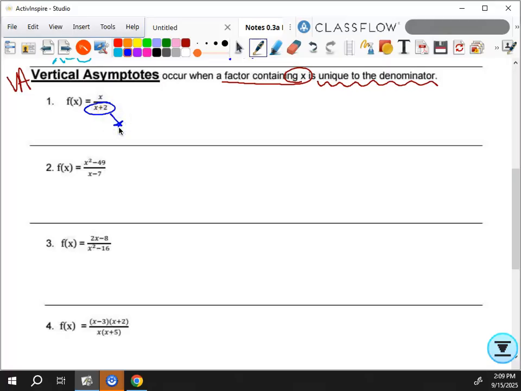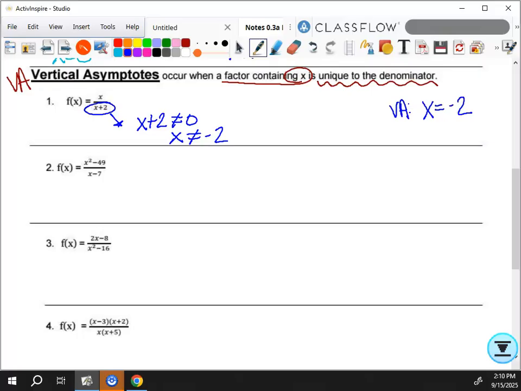That's bad, real bad. So x plus 2 cannot equal 0, which means x cannot equal negative 2. So my vertical asymptote is at x equals negative 2. That's it. That's very easy.